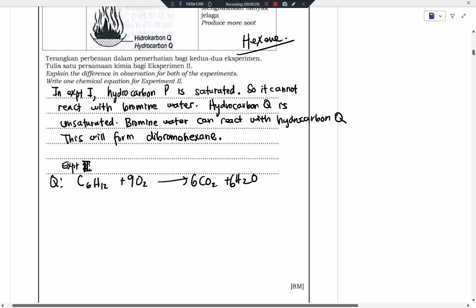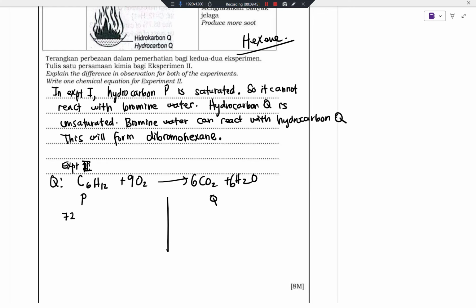Okay, right. Now we need to explain. I want to do some calculation to show there. So this one is for P, this one is for Q. So C6 means 72 over P is H there 14, H14, C6.